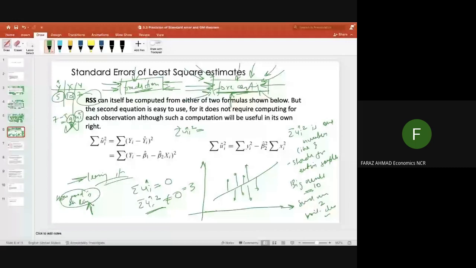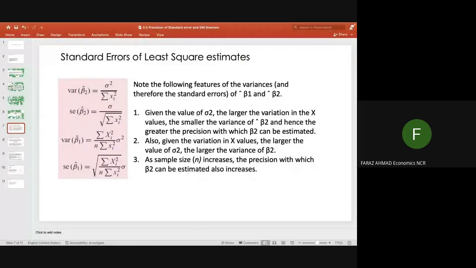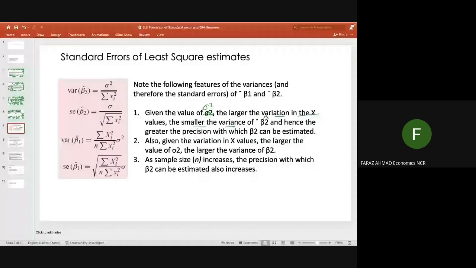Anyways, the last thing on this slide for today which I want to explain is that, given a value of sigma square, the larger the variation in x, the smaller the variance of beta 2 hat, and hence the greater the precision with which beta 2 can be estimated.